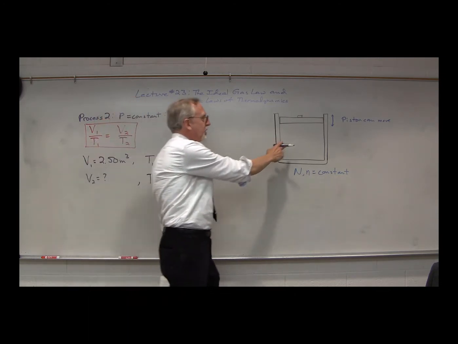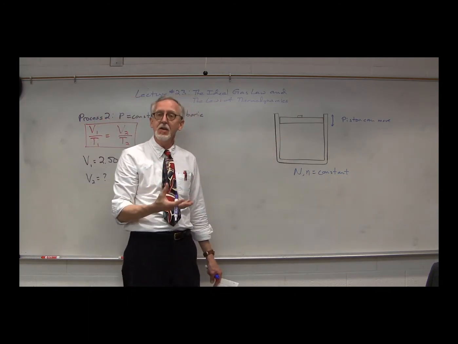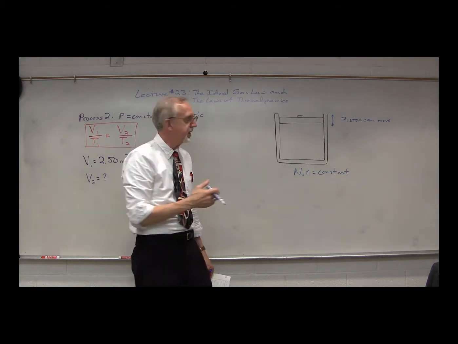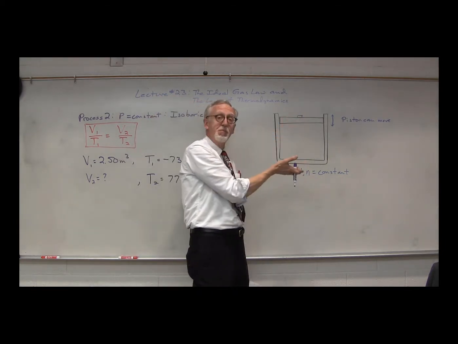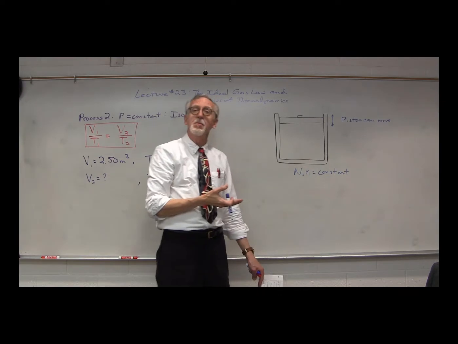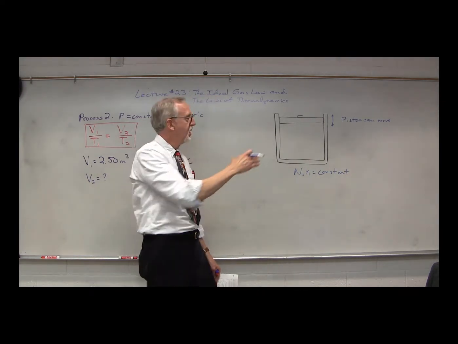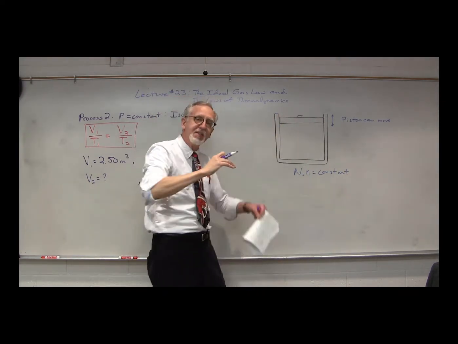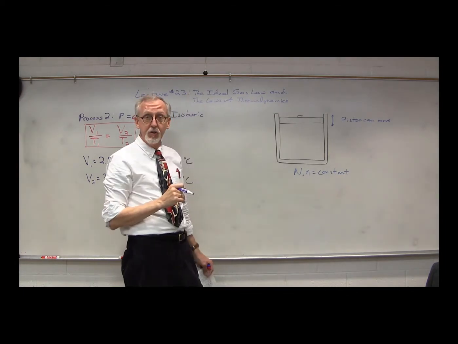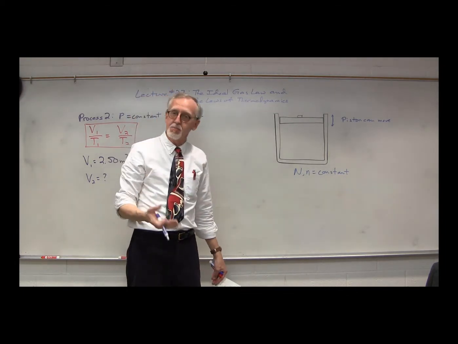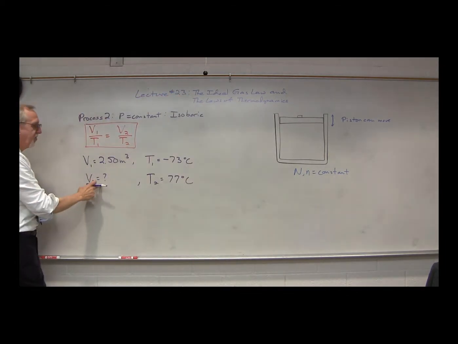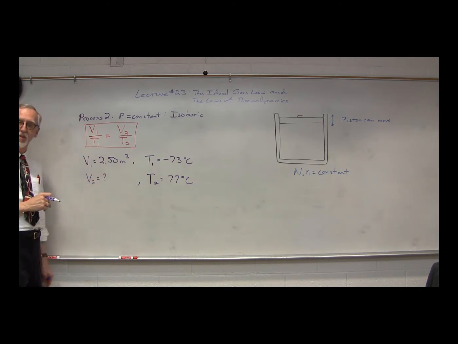That's going to increase the kinetic energy of the particles. The particles are going to be hitting that piston harder. What's that going to do? Well, if we maintain the same force, that's going to push the piston up further. The gas is going to expand. So we expect that V2 is going to be larger than V1.